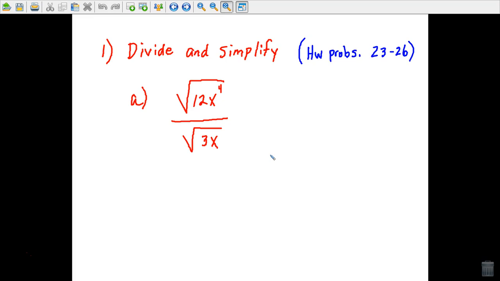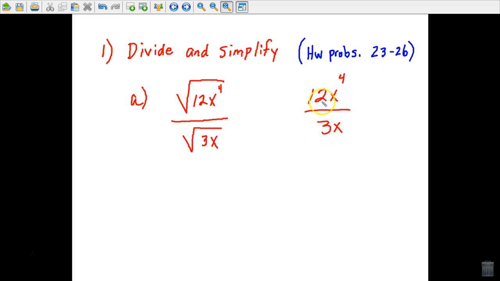For example, in this particular problem, it's a good practice to take a look at the numbers in the numerator and the denominator, temporarily ignoring the radical signs, and see if you have a fraction that could be simplified into just a single monomial expression.